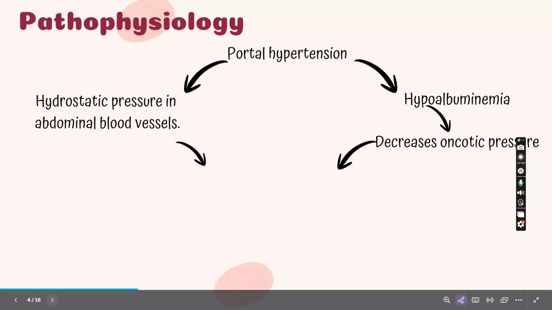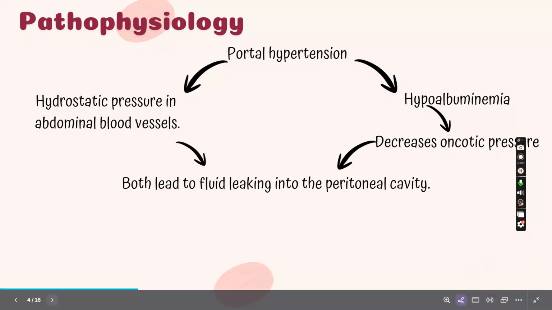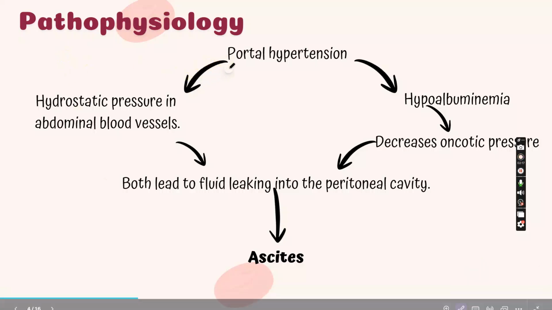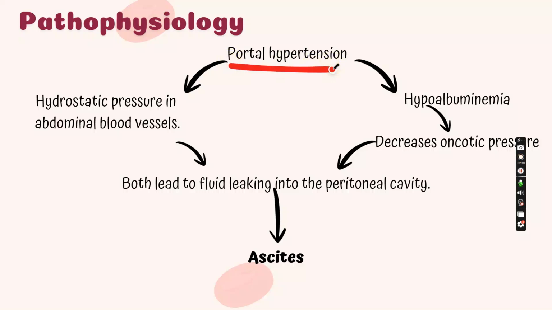Next, we have the pathophysiology, how this disease progresses in advanced stages. As we read in the previous slide, portal hypertension is caused by any kind of liver disease. Portal hypertension leads to two things. First is increased hydrostatic pressure in the abdominal blood vessels. The next thing it leads to is hypoalbuminemia.